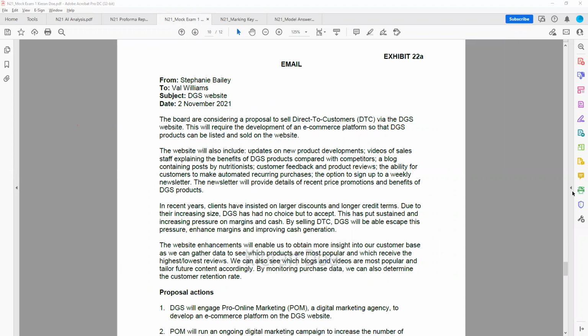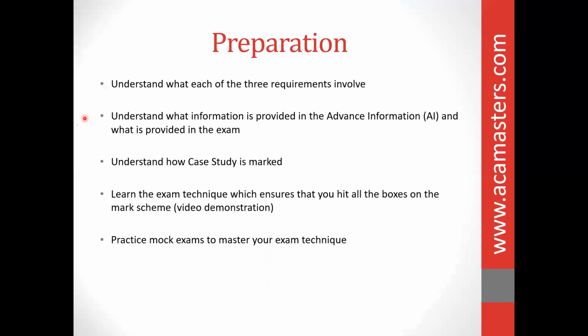And I think this is really useful to do, particularly at the stage you're at now, just before the AI is released, because once you appreciate where each exhibit in the AI tends to feature in the exam, when you read through your AI, you'll be able to read it more actively and in a more exam focused way.